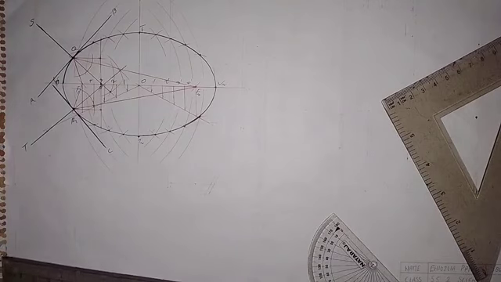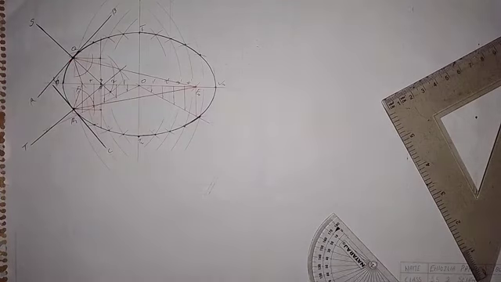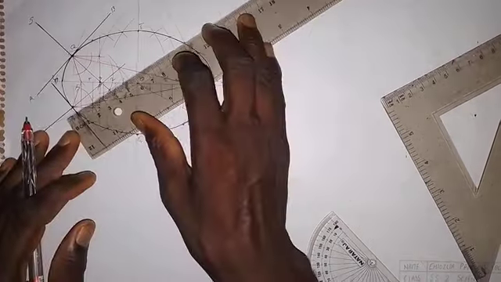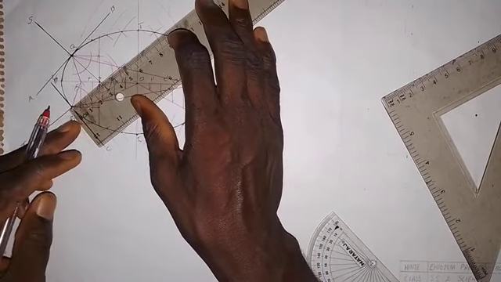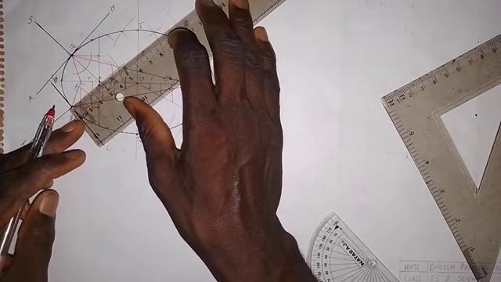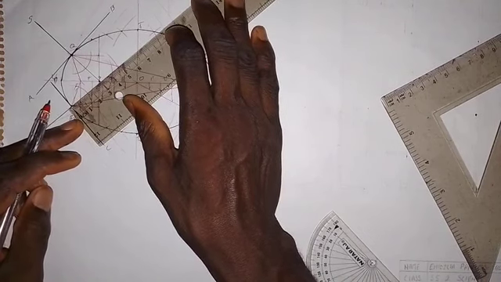The next thing, the question says we should measure PQ and PR. That's what the question says we should do, which is the last question. If I want to measure PR, from this point R to here, this gives me 30 millimeters.